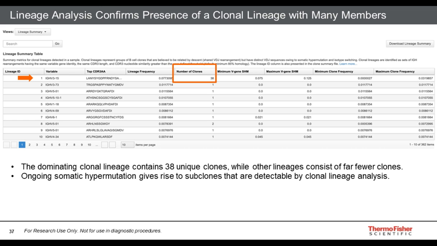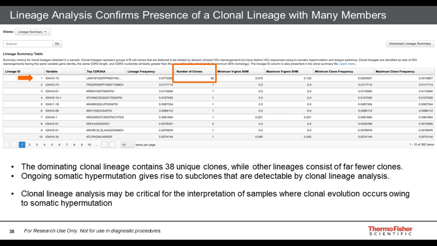And without a clonal lineage analysis, this type of feature would be missed because each of these subclones individually is at low frequency, but together they create the signal that helps one understand the nature of the sample. So from this, I want to convey that clonal lineage analysis is an essential part of interpreting the B cell repertoire.